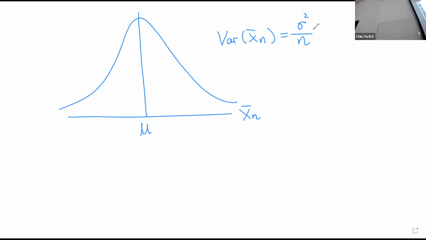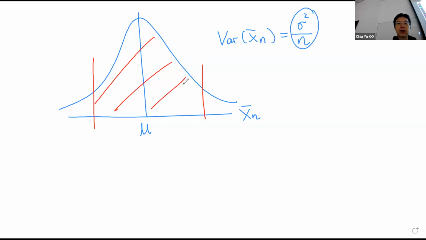So the idea is, if we know mu, we know how likely X bar is to fall within this region.